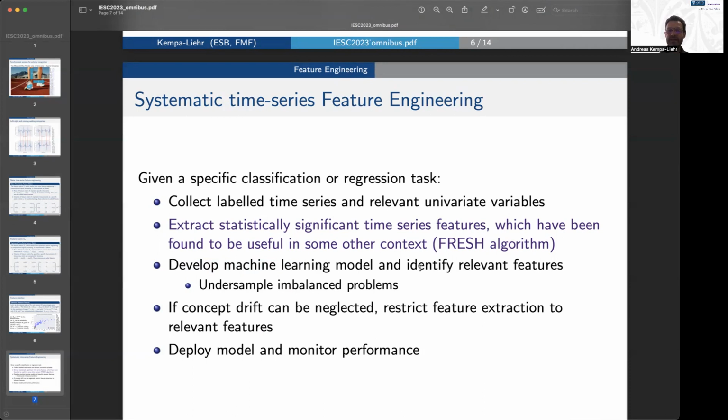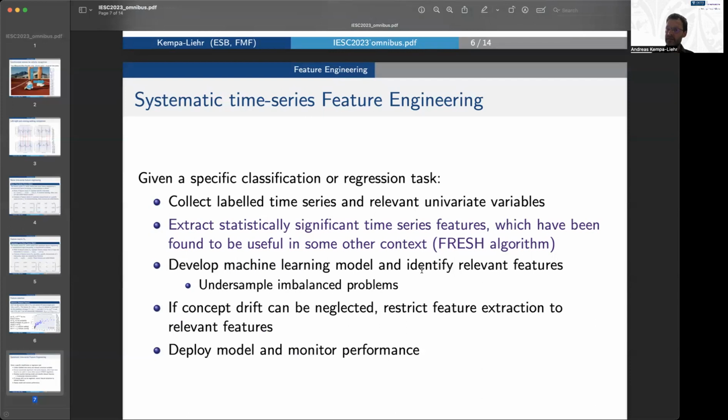Once we have identified the relevant features, we can retrain the model, especially if we can neglect concept drift, and just use these identified relevant features for our deployed model. And of course, we always need to monitor performance to guard against concept drift.